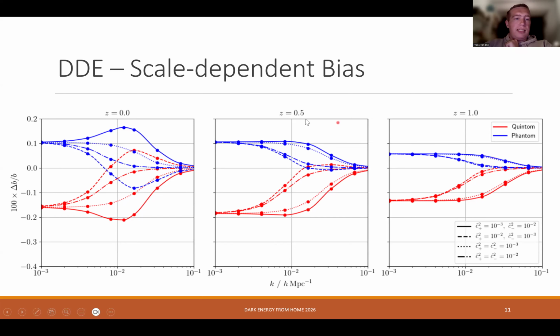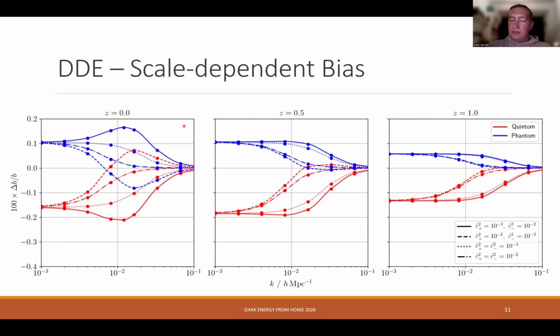And when we move to lower redshifts, also the minus fluid starts to affect the bias here in a manner opposite to the plus fluid. And why is this the case? Well, for the phantom model, we have one negative energy density and one positive energy density. So this has counteracting effects.